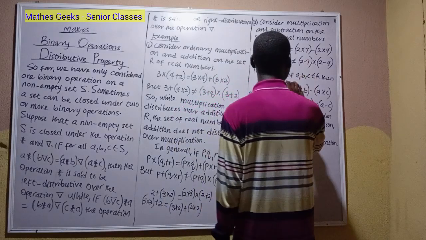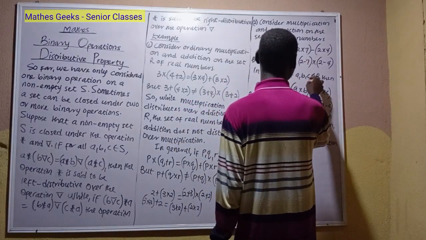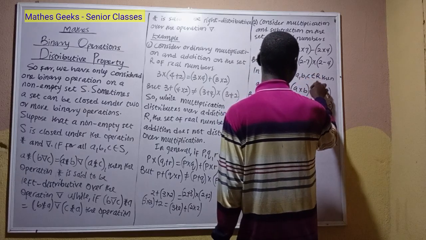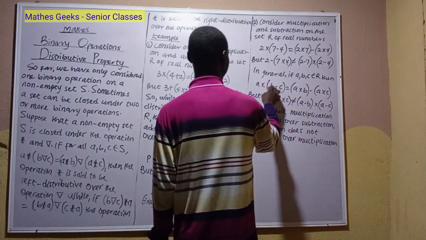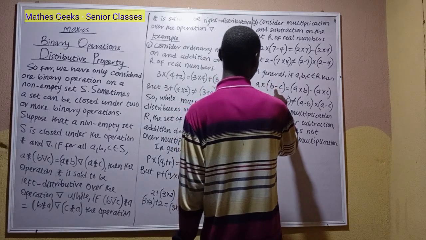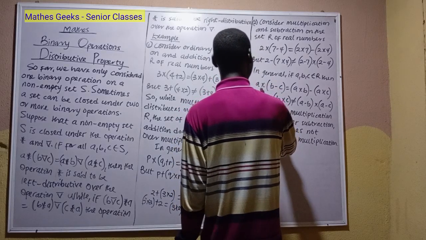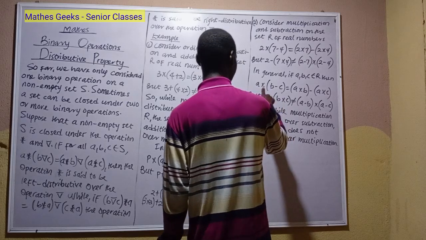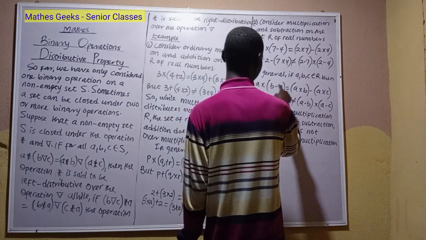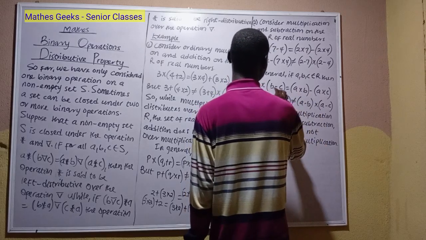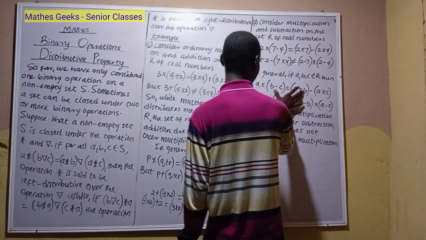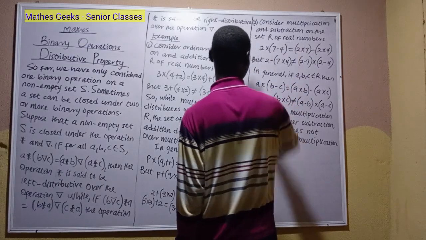In general, if A, B, and C are members of set R, then A times (B minus C) is equal to A times B minus A times C. Multiplication is distributive over subtraction.